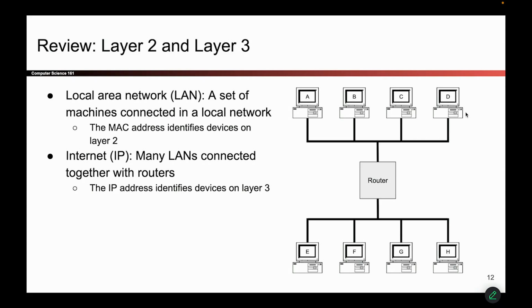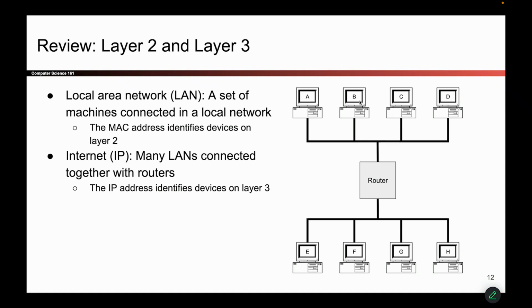Now, one problem we have is that at layer 2, we use MAC addresses. MAC addresses are good because they identify hardware components, but they're not useful at layer 3, where we need global addressing. By contrast, at layer 3, we use IP addresses. These are useful at layer 3 because somewhere in those numbers, they tell us where the host is located.